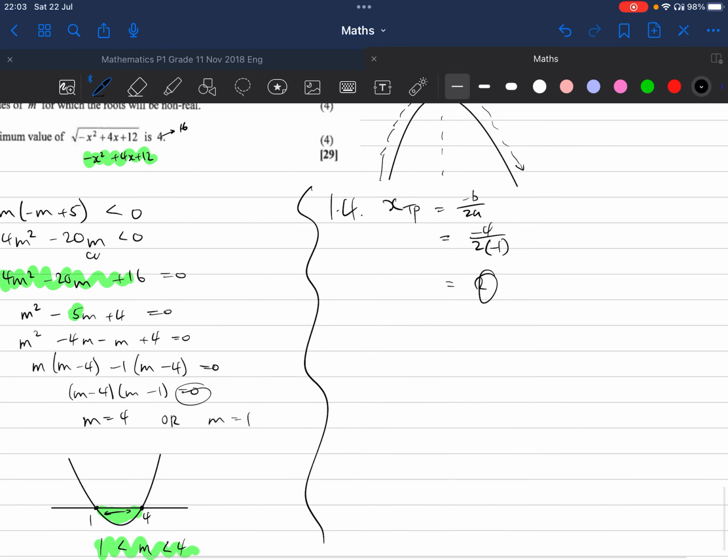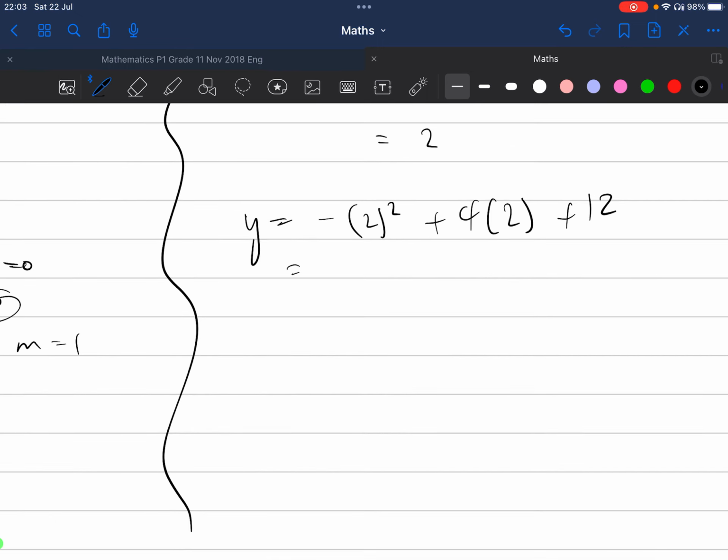So I'll take this 2. And now it's very much like a functions question. I'm going to take this 2 and substitute it into that equation. Okay, so I'm going to say y equals minus 2 squared plus 4 times 2 plus 12. And if I evaluate that, I get minus 4 plus 8 plus 12, and that gives us 16.